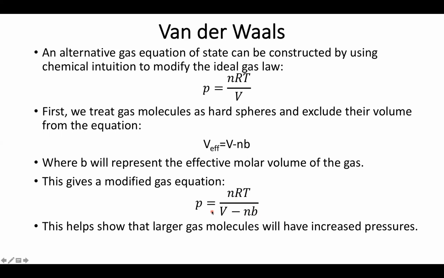And this is indeed what we saw when we looked at our real gases. The larger the gas is, the larger the effective pressure is, or the more it tends to deviate positively from the ideal gas law. Additionally, we see a similar phenomenon: the more gas I put in for a given volume, so the larger my n is, if V stays fixed, I'm also going to see a much larger pressure.